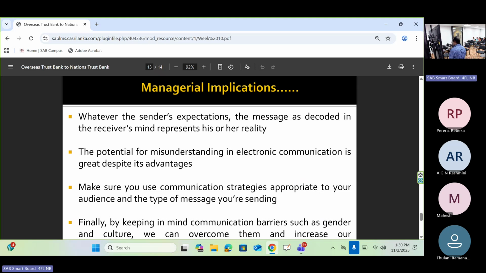Right. Another guide is to make sure you use communication strategies appropriate to match with your audience and the nature of the message you are trying to send.